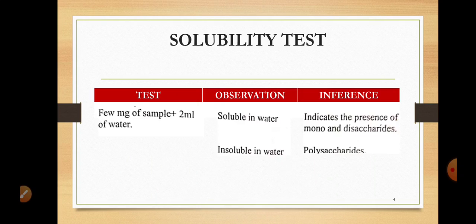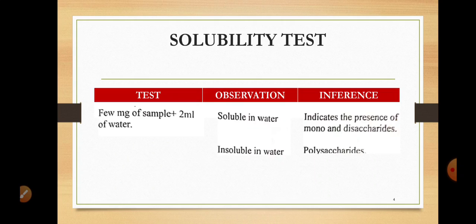Next test, that is the solubility test. This is a simple test where we take the sample, a solid sample, whatever is given as a carbohydrate for the identification test. To that we add 2 ml of water.